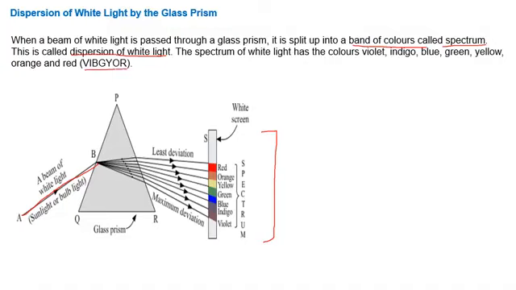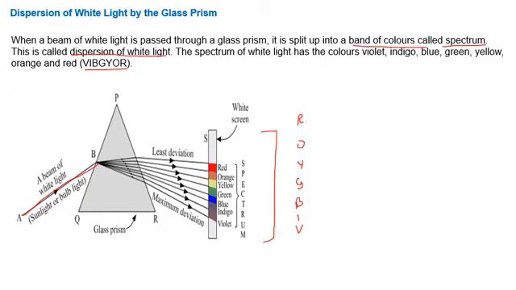But when you draw the diagram, make sure that red light is the least deflected light from its path. So red is always coming at the top. VIBGYOR, you are going to start writing from the bottom, because I have seen that students make mistakes in drawing the spectrum of white light.